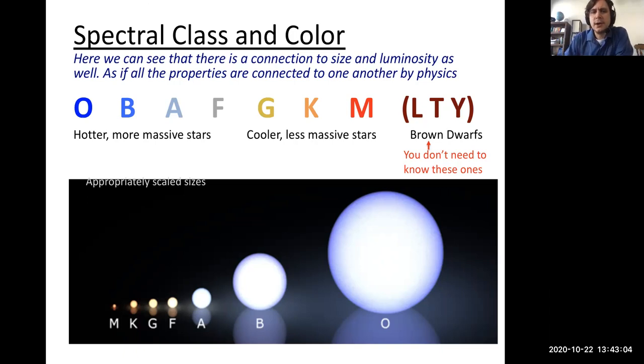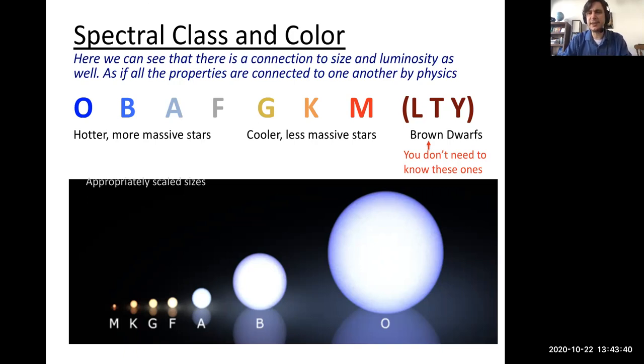But now, here we have a figure, a picture of the spectral classes O, B, A, F, G, K, M. And we're looking at the stars themselves scaled appropriately in size and given roughly the appropriate color that the eye would see. So we can start seeing that the properties of stars are connecting to one another, that this ranking of spectral class by temperature is also a ranking by other properties.